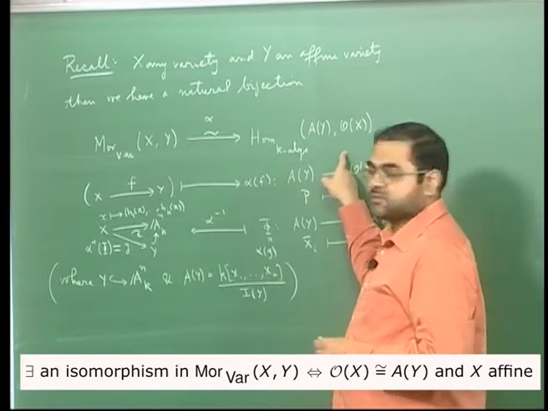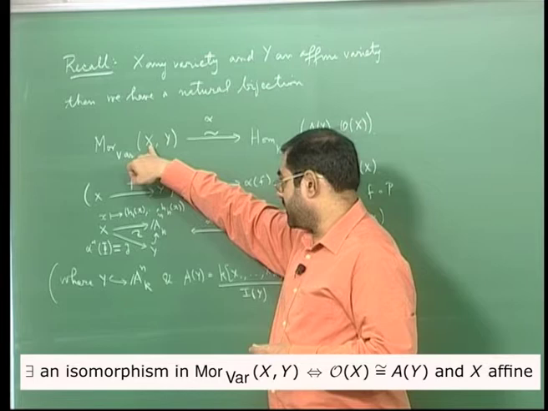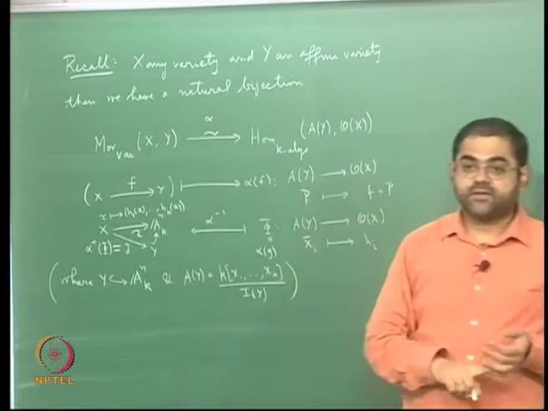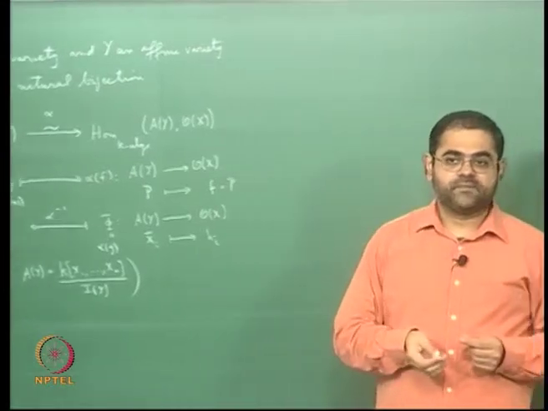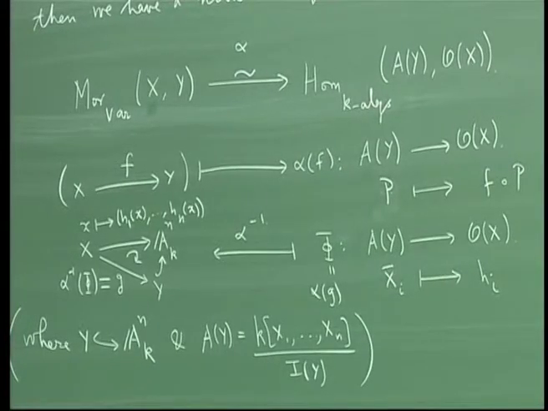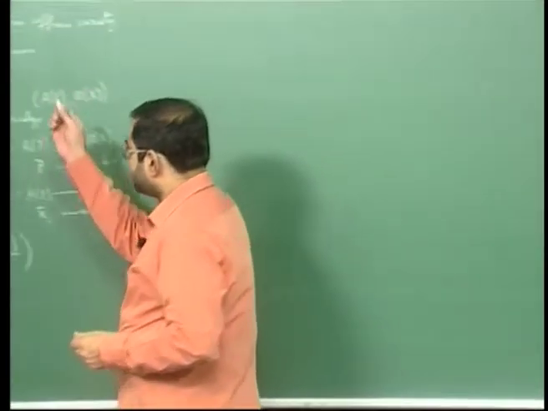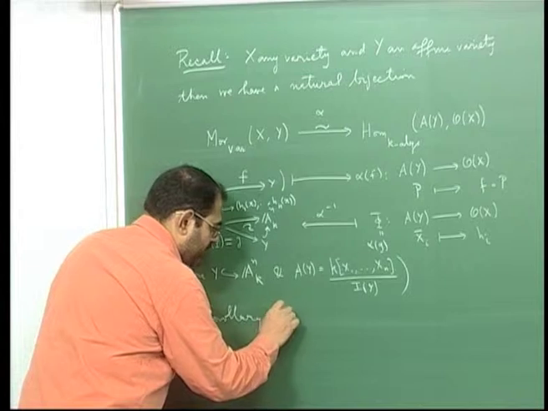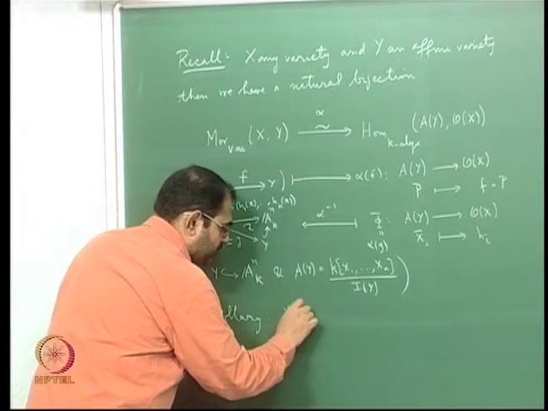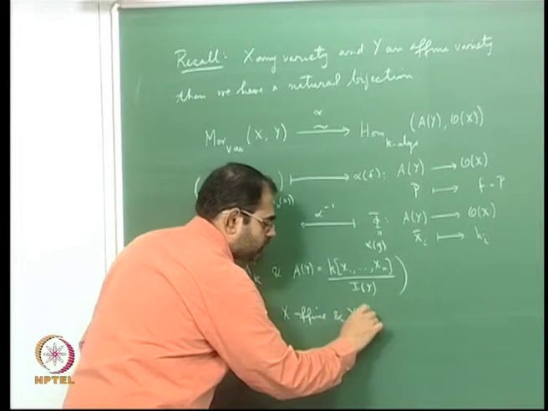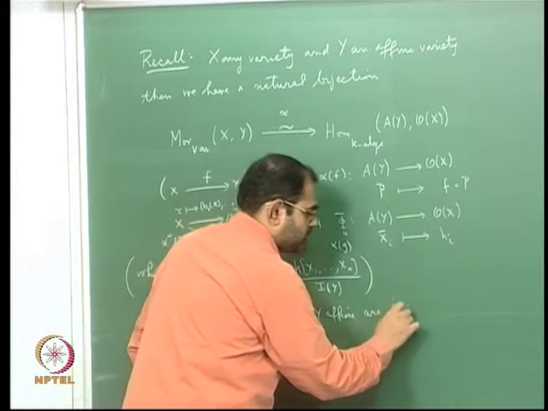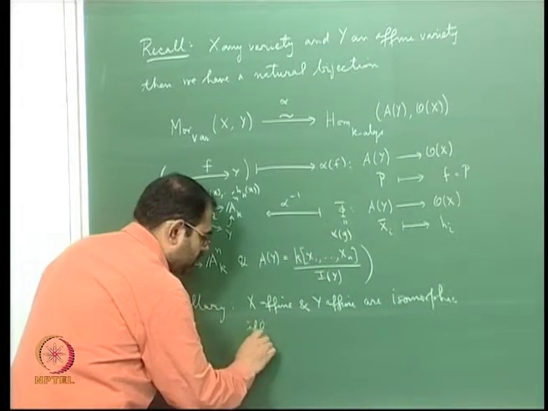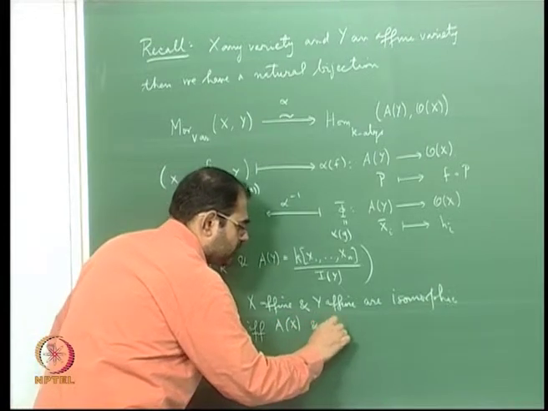So alpha will carry isomorphisms to isomorphisms provided x is affine, alright, and what that will tell you is that two affine varieties are isomorphic if and only if their affine coordinate rings, that is just the rings of polynomials on those varieties, are isomorphic. So the corollary to this is: x affine and y affine are isomorphic if and only if Ax and Ay are isomorphic.